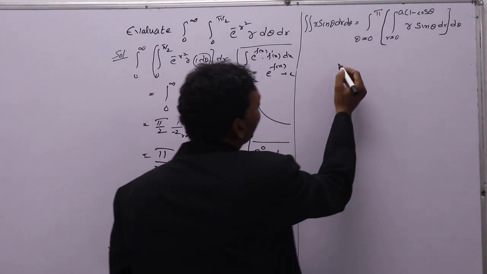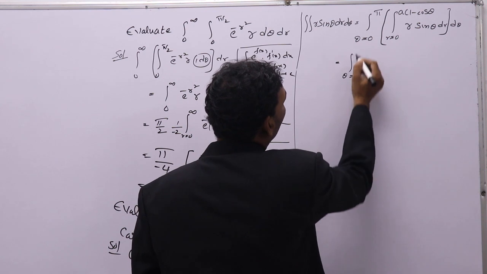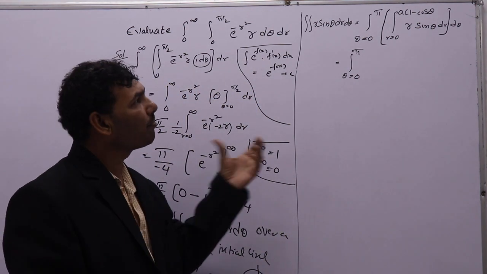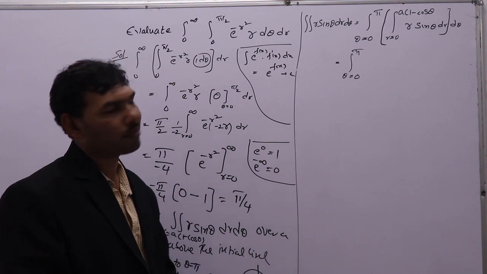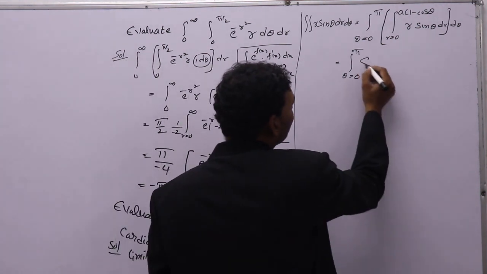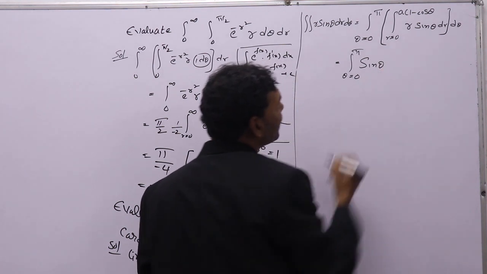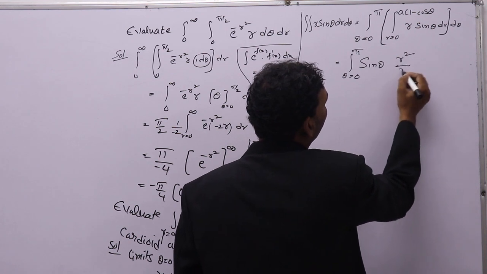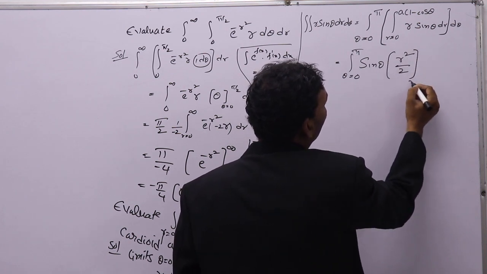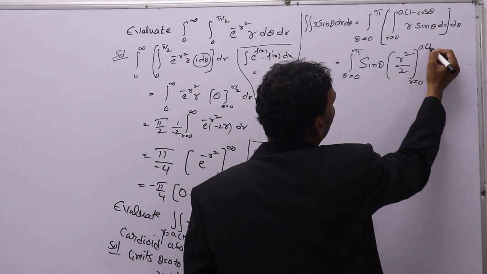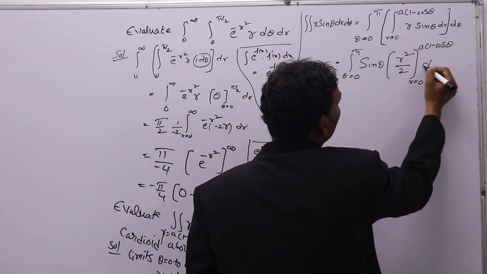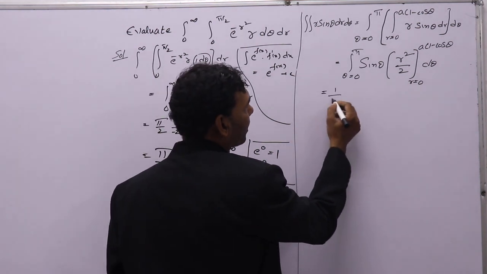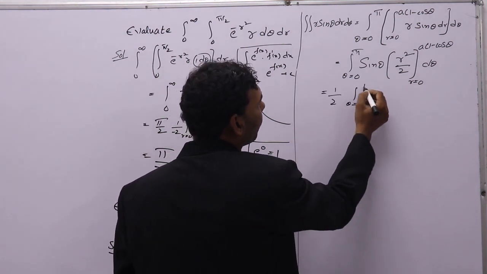So while integrating with respect to r, keep sin theta as constant. If you keep sin theta as constant, what is the integral of r? It is r square by 2 from the limits r equal to 0 to a into 1 minus cos theta, d theta. Now 1 by 2 is constant. Integral theta equal to 0 to pi.